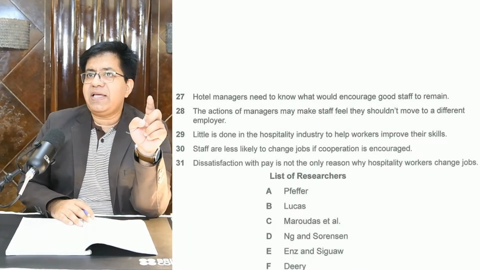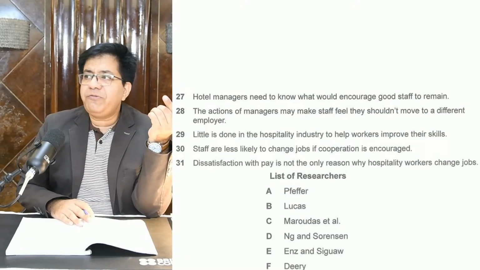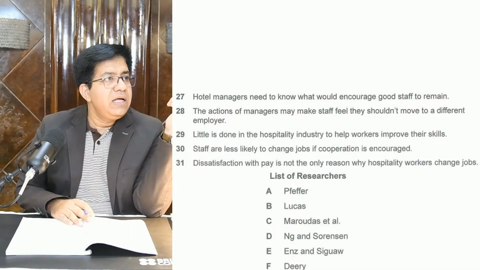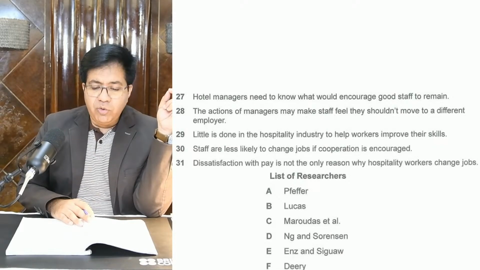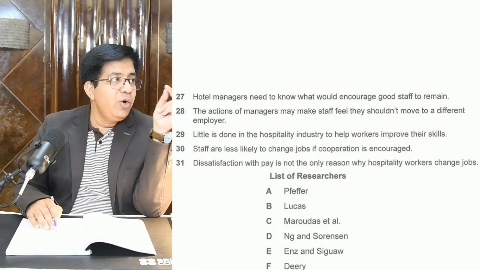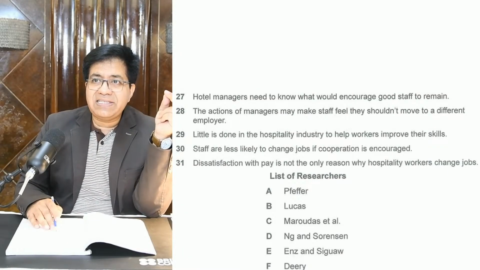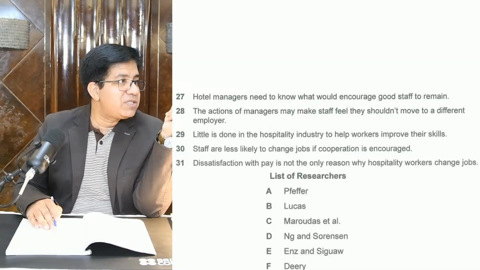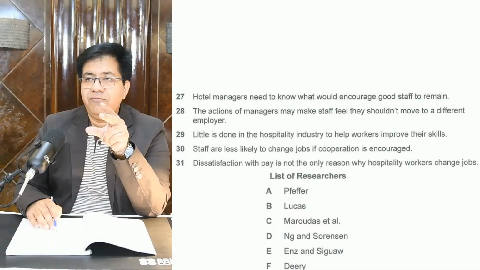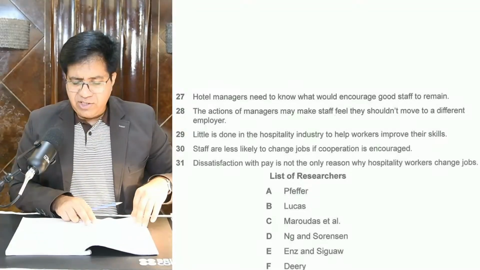So the first thing is you need to see inverted commas. If you do not find any inverted commas, then the second thing is you need to look for, for example, Lucas says, Lucas argues, right? Lucas tells, Lucas describes, and then there will be the statement with the comma, okay? So you need to match these statements with the questions.